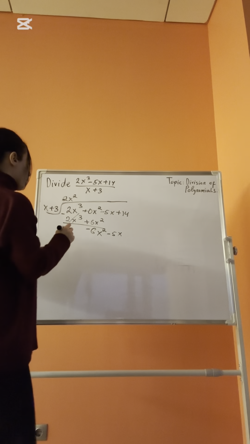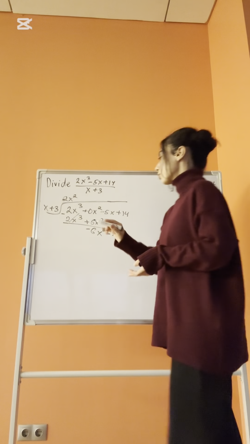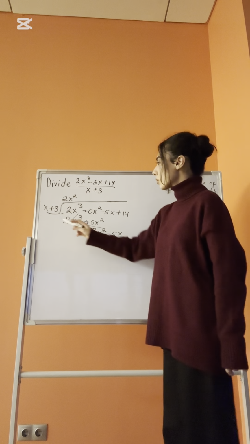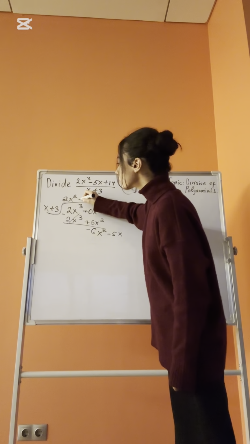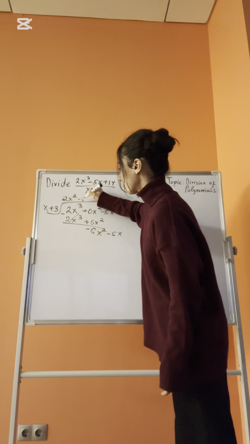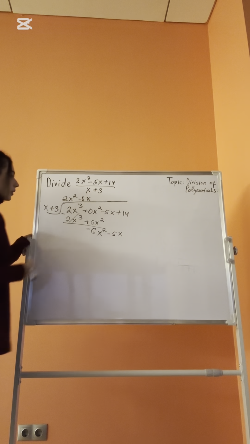So, now we just repeat. To get minus 6x to the power of 2, we have to multiply x by minus 6x. Like this.